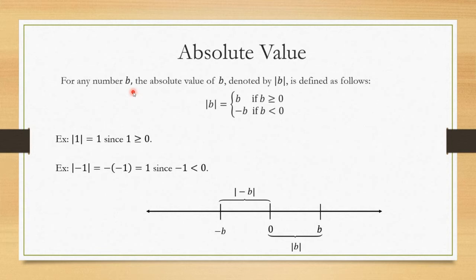By definition, the absolute value of B, which we denote by this, you put B there and you put two vertical bars around it. You get the number itself back if the number is non-negative. Otherwise, you get negative the number if the number is negative.